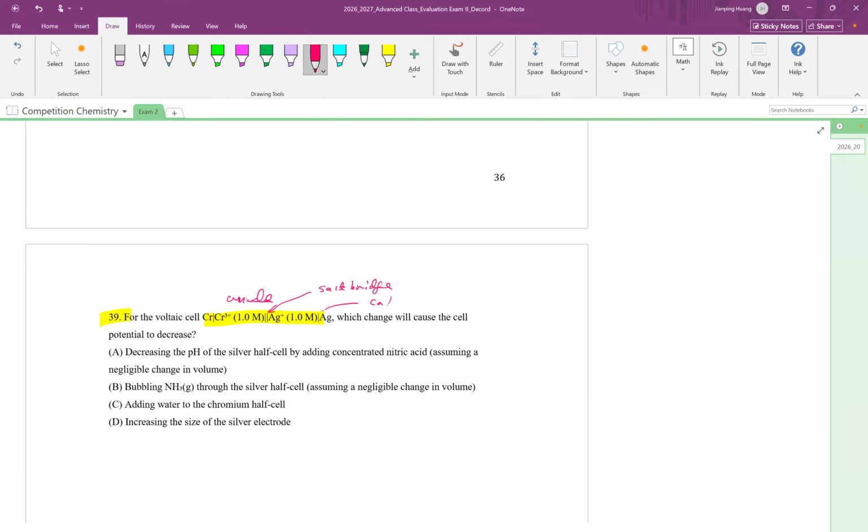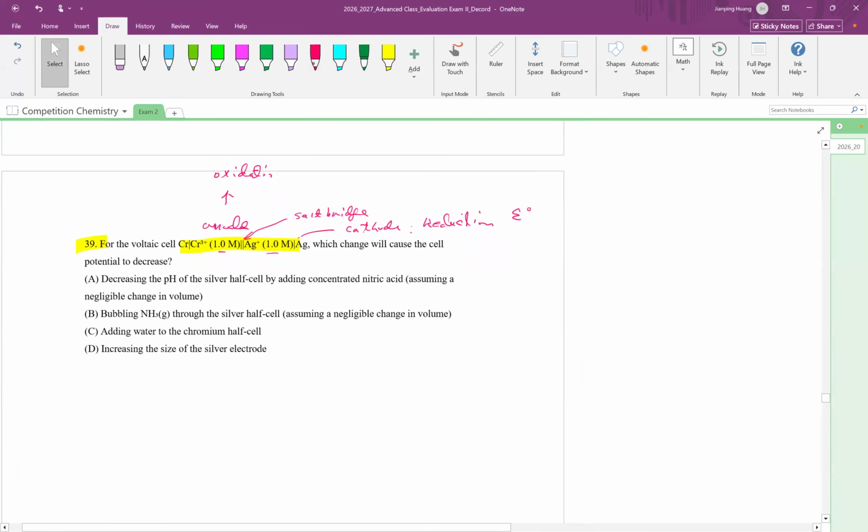That's a cathode. Anode is always oxidation. Cathode is always reduction. And the initial is 1 molarity, which means we can use standard reduction potential.